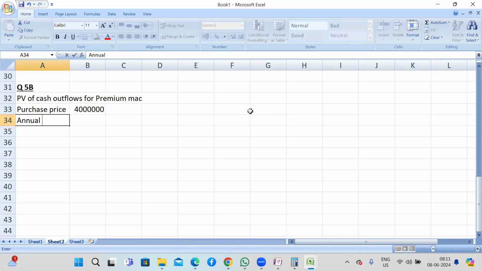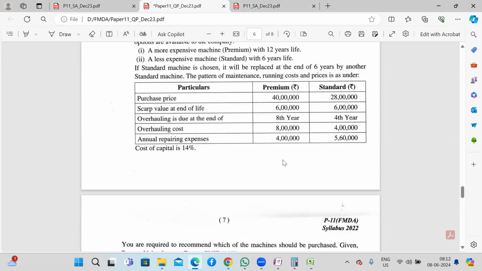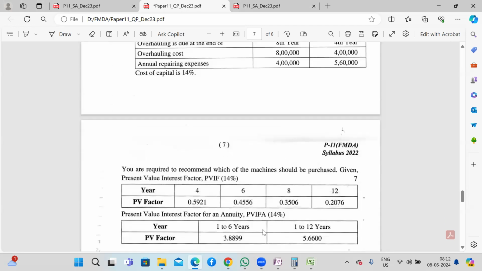So present value of annual repairs. How much is it for annual repairs? That is 4 lakhs. So every year I'm going to incur that. For 12 years, annuity factor is 5.66.